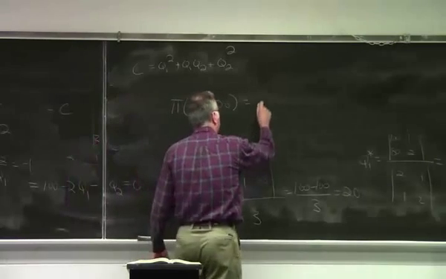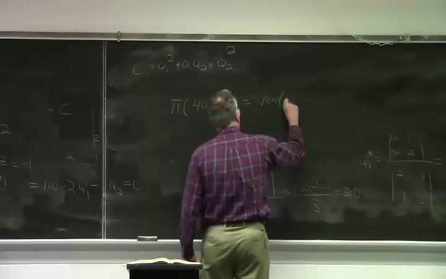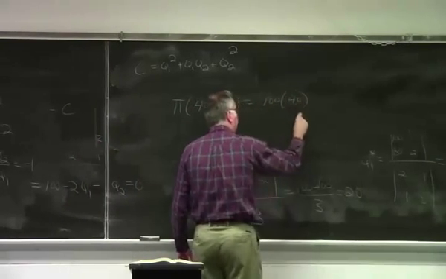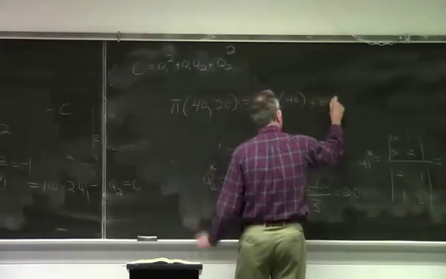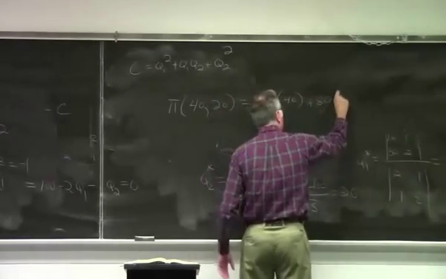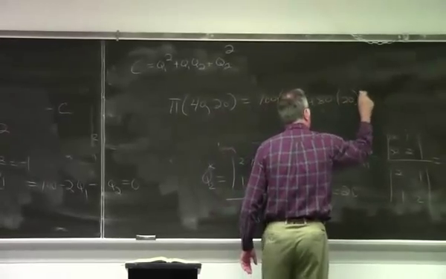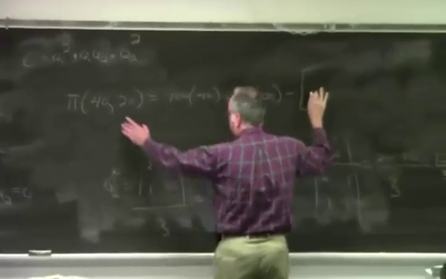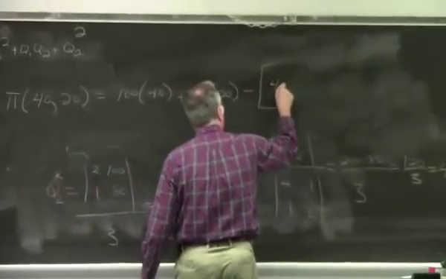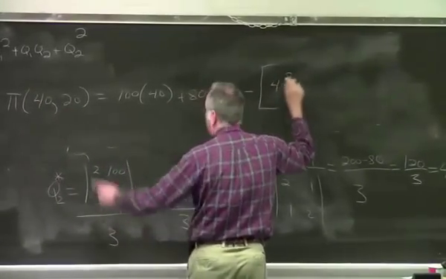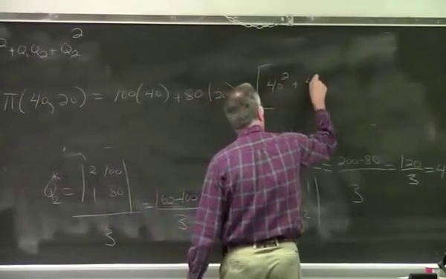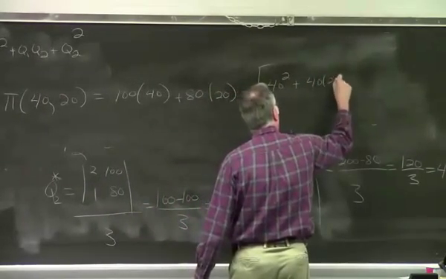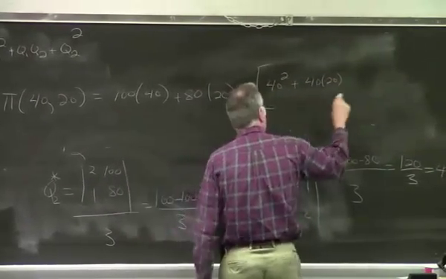Remember our revenue function was 100 Q1, substitute in 40, plus 80 times Q2, which was 20, minus our cost, which was Q1 squared, 40 squared, plus Q1 Q2, 40 times 20, plus Q2 squared.